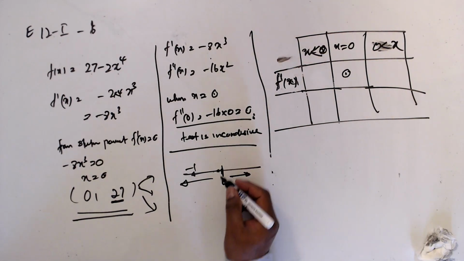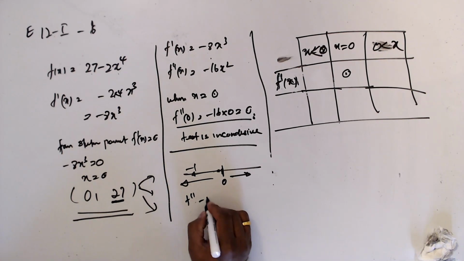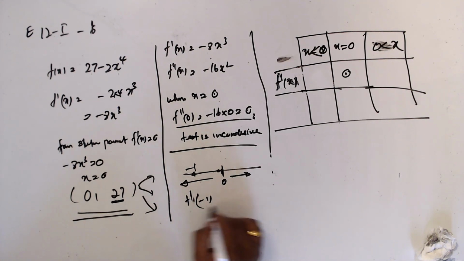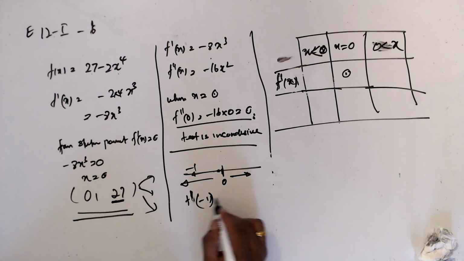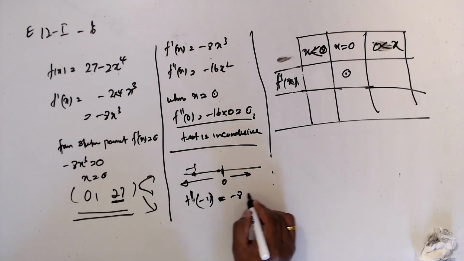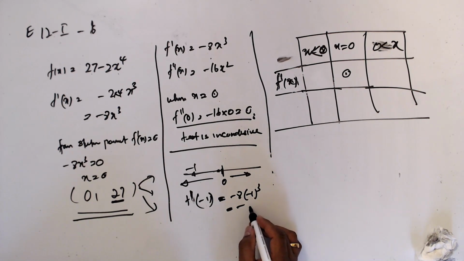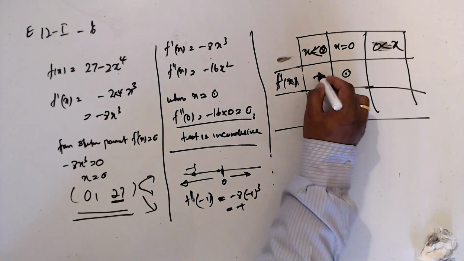However, I will put minus 1. So f dash minus 1 equals minus 8 times minus 1 cubed, which is positive. This is positive.